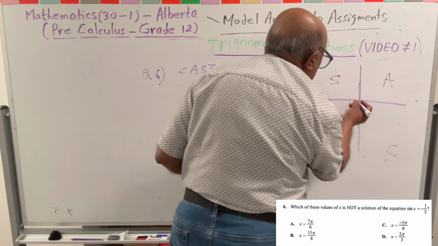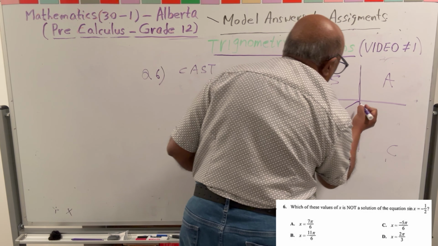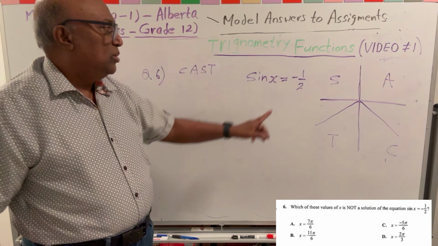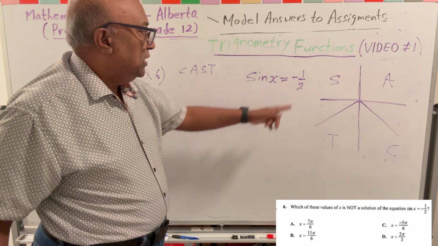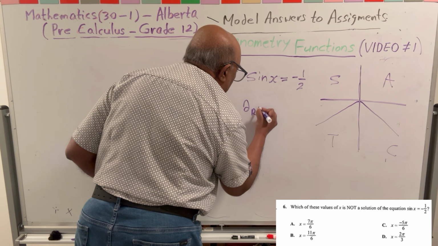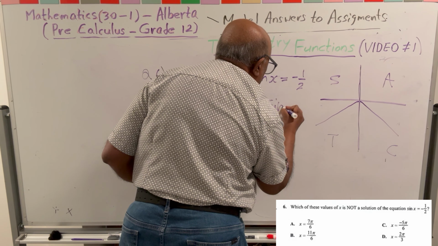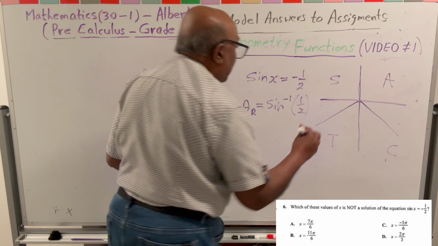That means you can mark this angle like this. How did I draw this directly? I always recommend finding the reference angle for this. Remember this procedure.